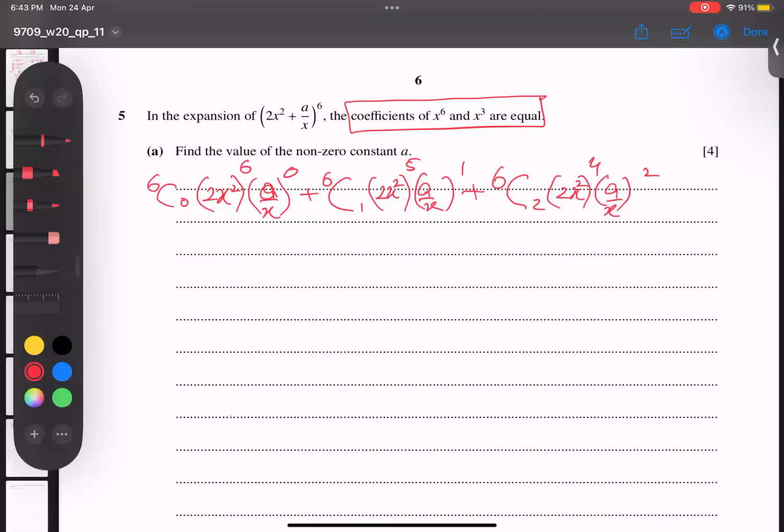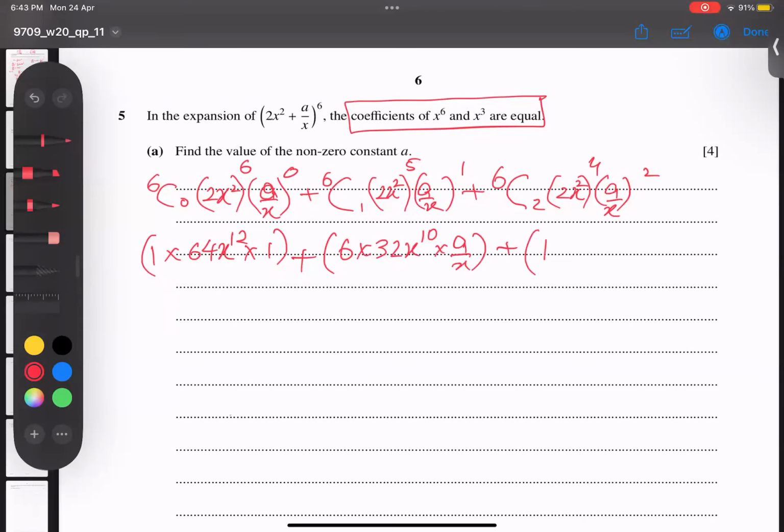First of all, I will simplify these. 6C0 is 1, and 2 to the power 6 is 64, and the x powers multiply, 6 2s are 12, and something to power 0 is 1. 6C1 is 6, 2 to the power 5 is 32, x to the power 10, and then a over x, and 6C2 is 15.